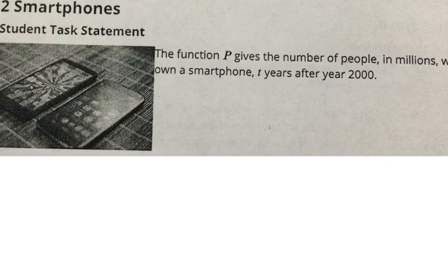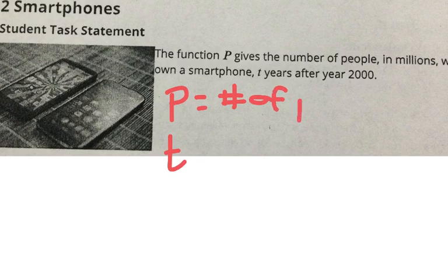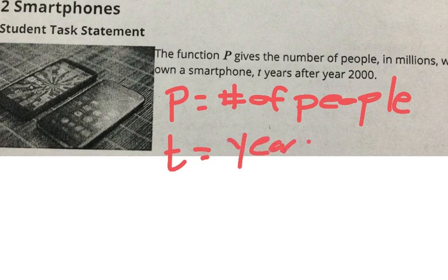So what we've decided so far is that my variables are P and T. We said P stood for number of people, was a variable. And we said T was years after 2000.